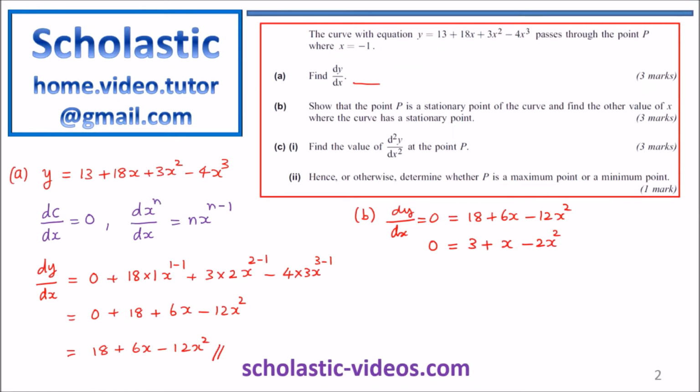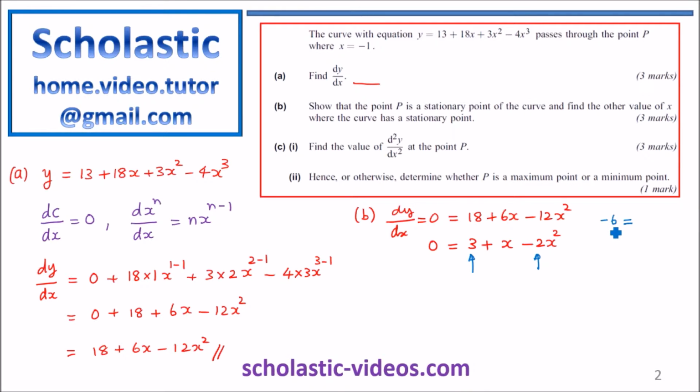To find the factors, we have the constant term 3 and the coefficient of x squared is minus 2, and 3 times minus 2 is minus 6. So we need to find the factors of minus 6 such that when you add those two factors, it equals the coefficient of x. Then we replace x with those two factors.